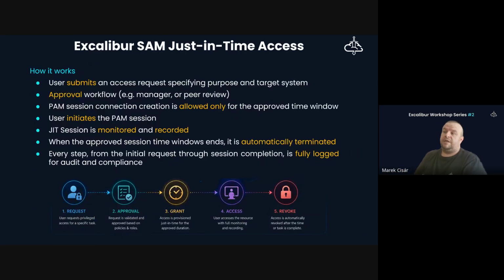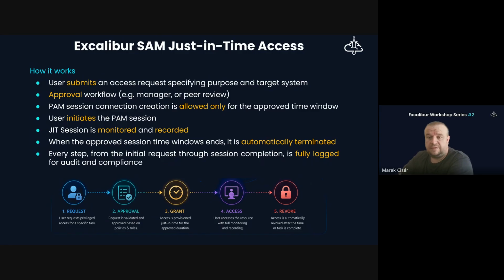Okay, I already mentioned what the workflow is. So again, first is the request from the user. Then there goes the approval from the approvers. If the access has been granted, the user will wait till the beginning of the defined time window, and then he can access the specified PAM target.